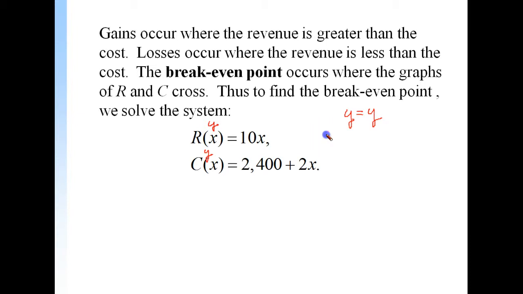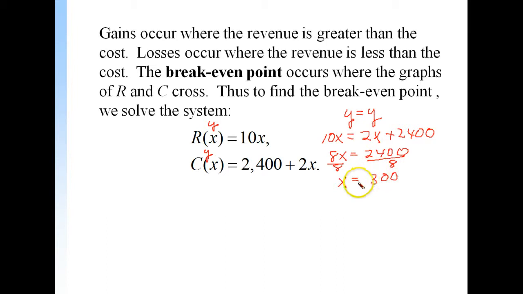So our equation will be 10x equals 2x plus 2400. So we subtract 2x from both sides and get 8x equals 2400. And now we divide both sides by 8, and we get x equals 300.